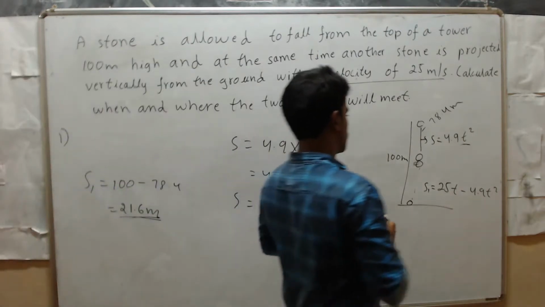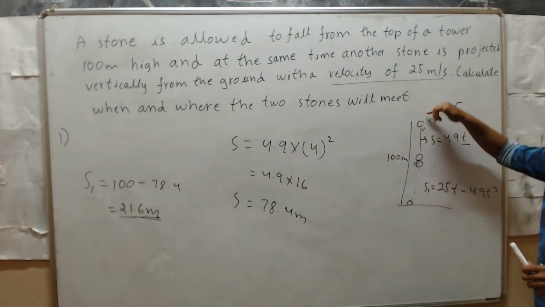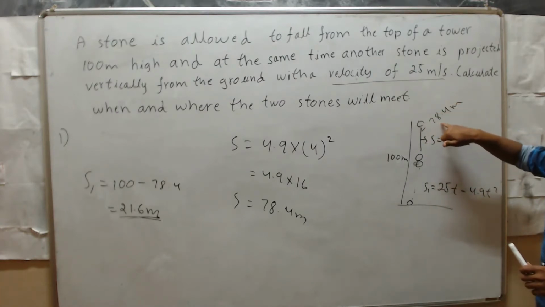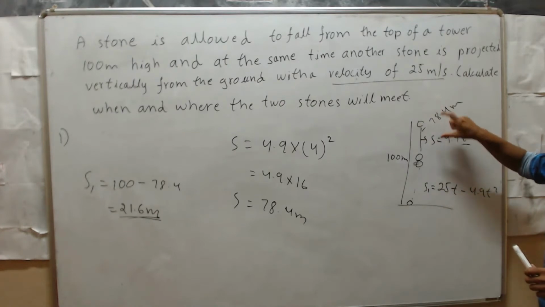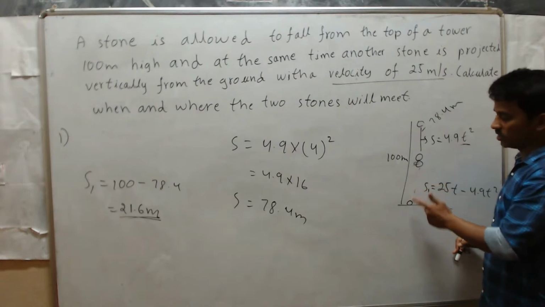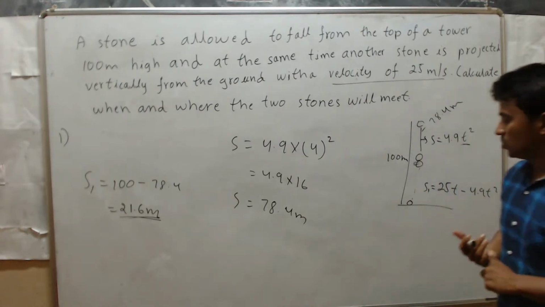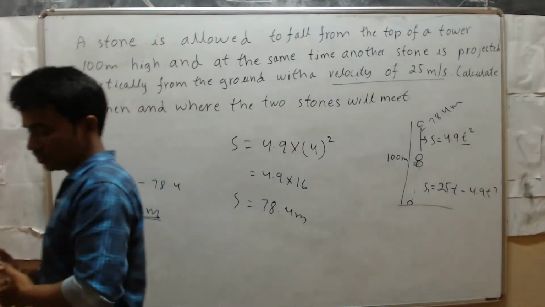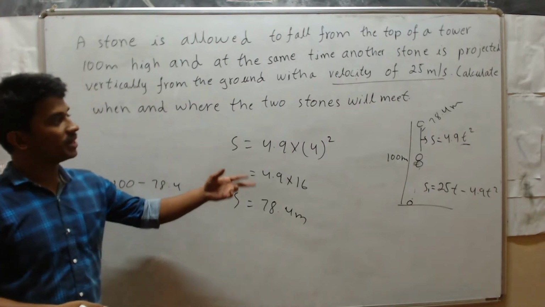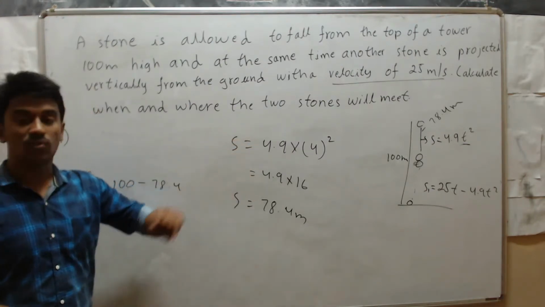So from the top, at that point both will meet 78.4 meter. If you take from the surface, that is 21.6. At this position both the objects will meet. Clear? So when and where? 21.6 meter from the ground or 78.4 meter from the tower, they will meet after 4 seconds.